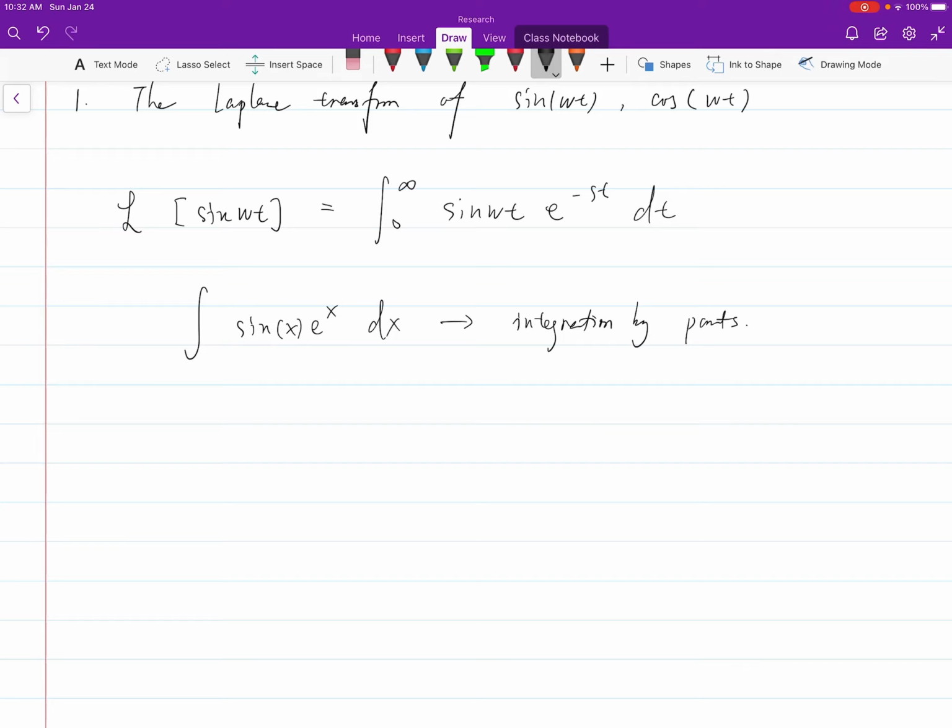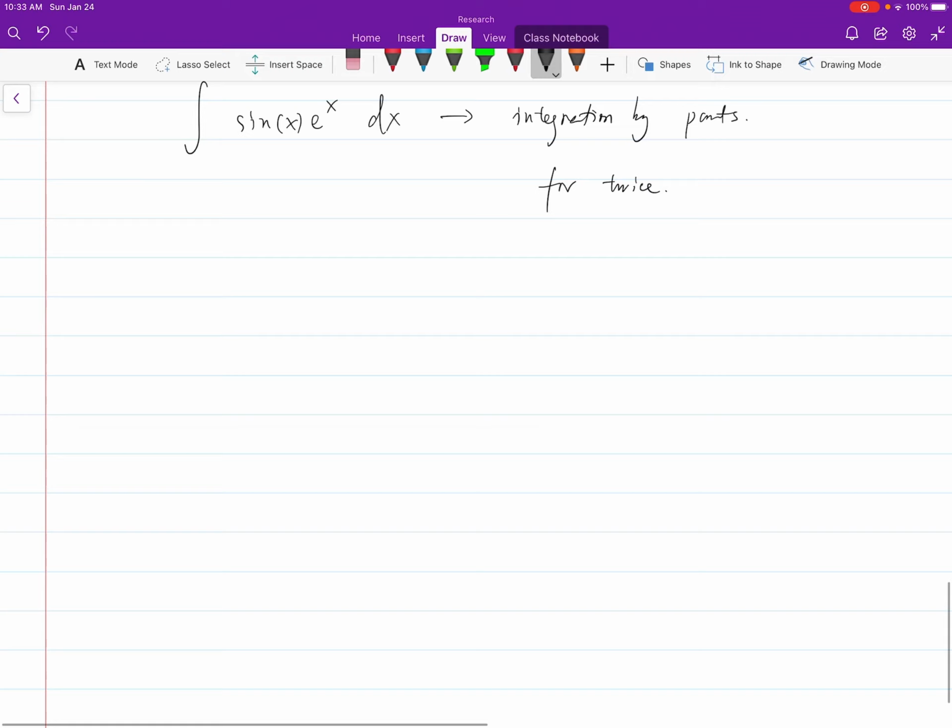That is, we have to do integration by parts twice. And then eventually we'll end up solving the value from an equation, because we're going to see this term again. Okay, and then we finally end up solving it from the equation. So that's how we're going to do it in calculus 2, but it's going to take a big chunk of time. So we can leave it as an exercise.